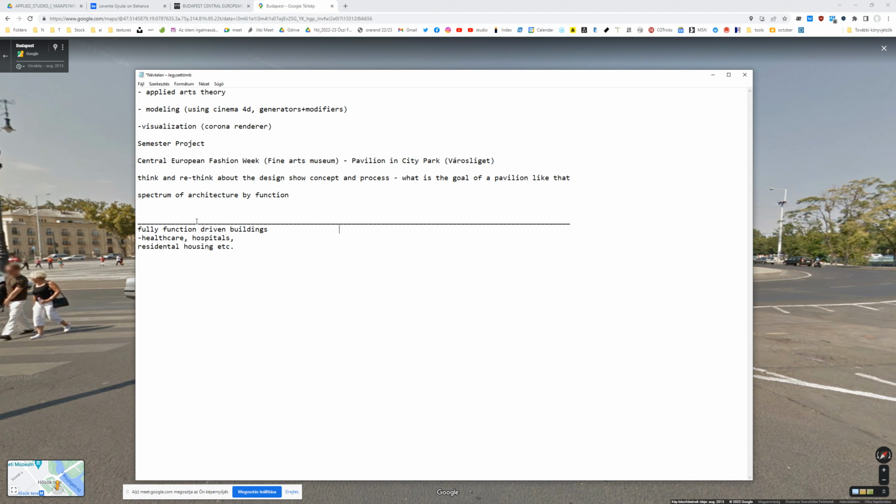What can be here? For example, municipality buildings or some sort of public buildings, like mixed.